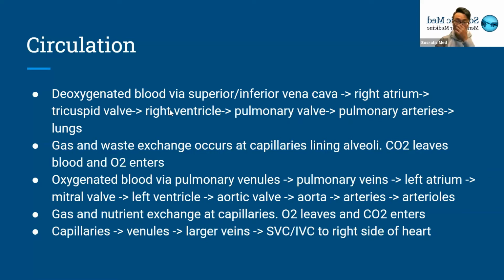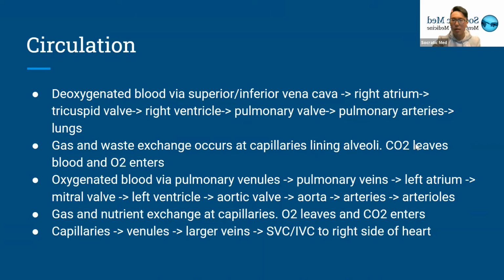Then the right ventricle will push the blood through the pulmonary valve and send it to the lungs via the pulmonary arteries. At the lungs, the capillaries will exchange gas and waste with the alveoli.